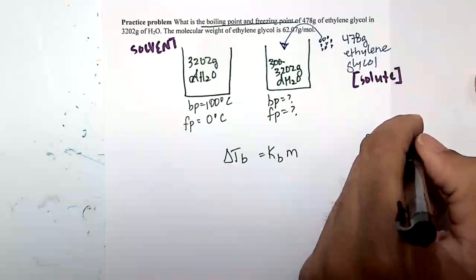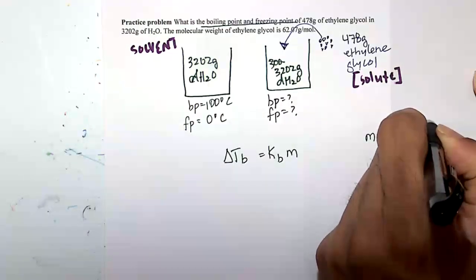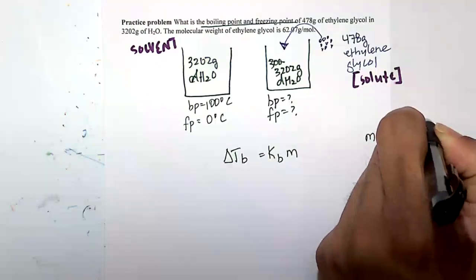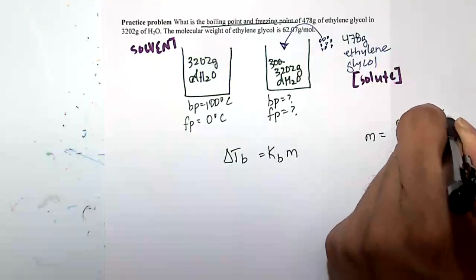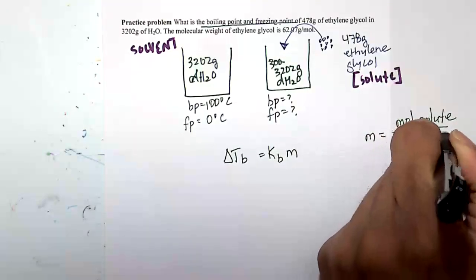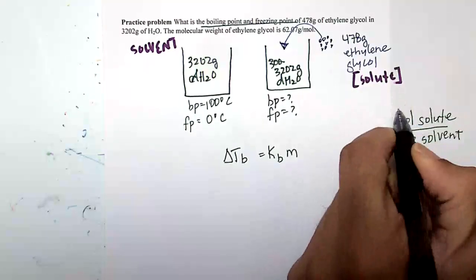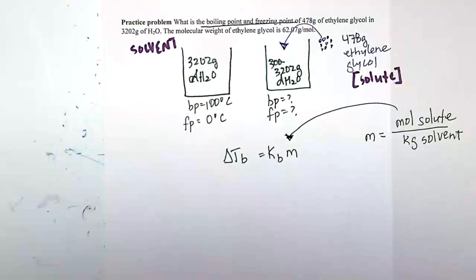Bailey? I believe it was moles divided by... Moles of what? Moles of solvent divided by... Not solvent. Moles of solute divided by kilogram of solvent. That's correct. There we go. So this is also known as molality. Molality, not molarity, but molality.